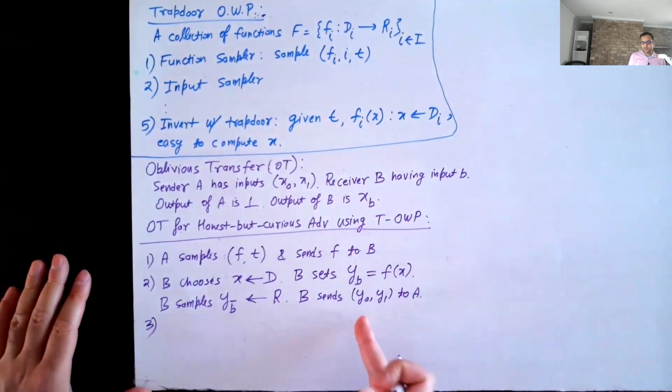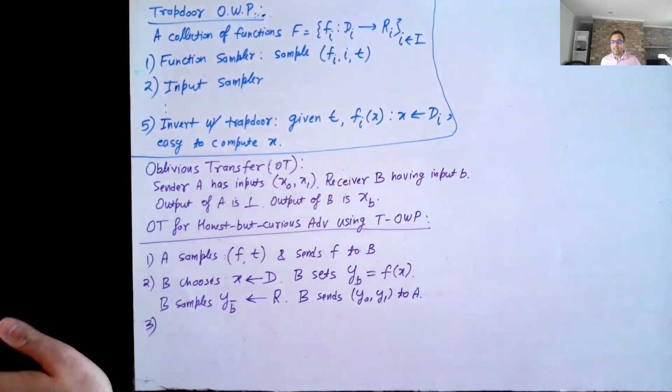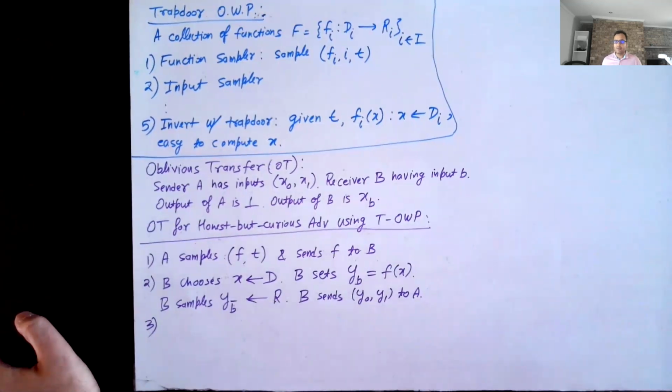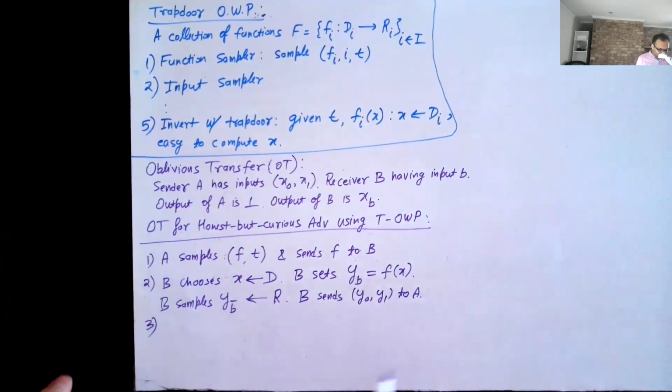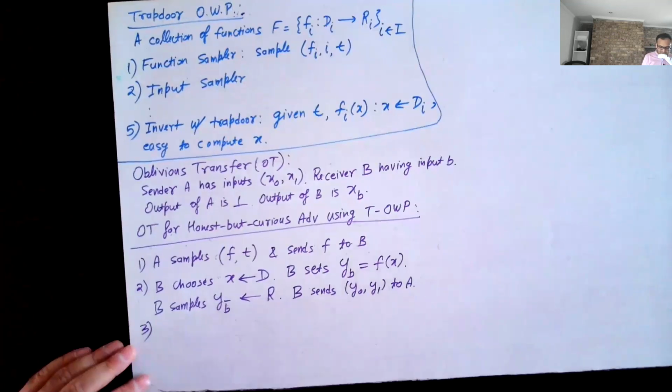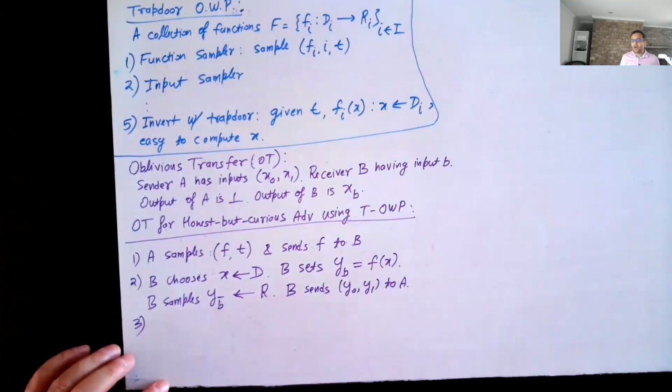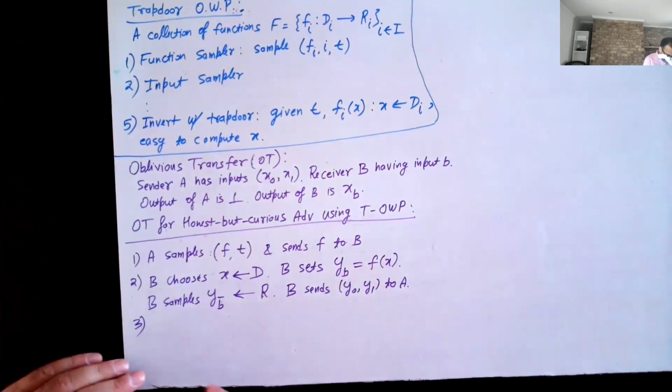So A receives these 2 strings y0 and y1. A has no idea whose pre-image is known to B and which string was random from the beginning. So anyway, A has the trapdoor, A inverts both of these strings.